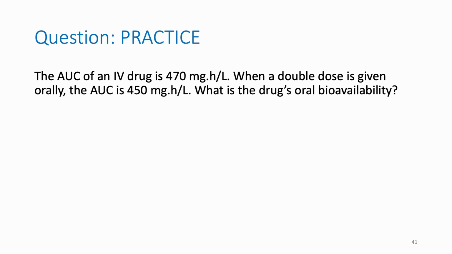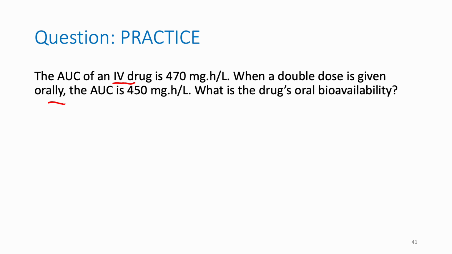Next question. The AUC of an IV drug is 470 milligram times hour per liter. When a double dose is given orally, the AUC is 450 milligram times hour per liter. What is the drug's oral bioavailability? So for this question, again, you have an IV drug and you have an oral drug.